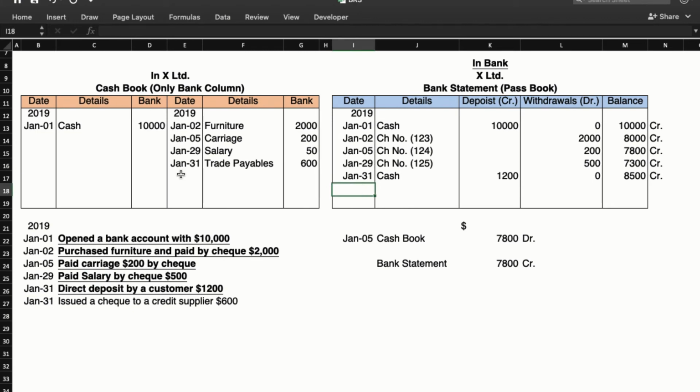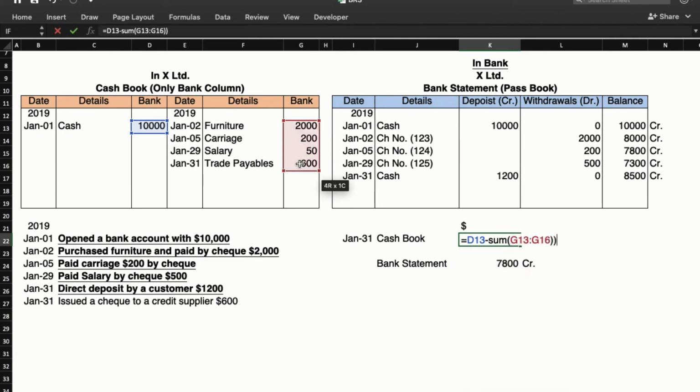This transaction is already recorded in the cash book. The day I issued the check, on the same date, I entered this transaction in the cash book, and the balance in the cash book changed. Now today is the last day of the month. Let's see the balance on Jan 31st in the cash book. The total of the debit side is 10,000, and let's see the total of the credit side.